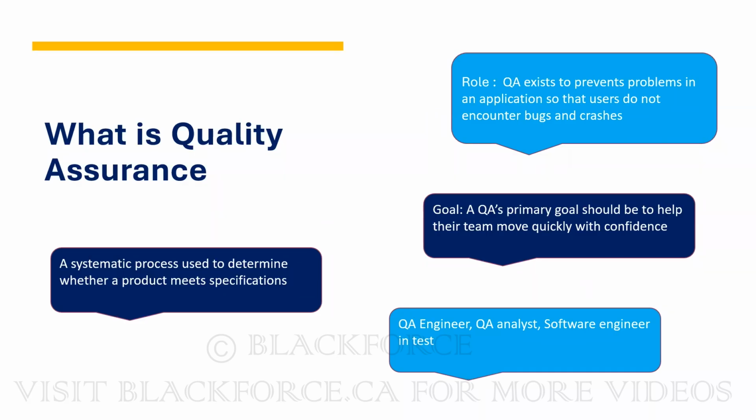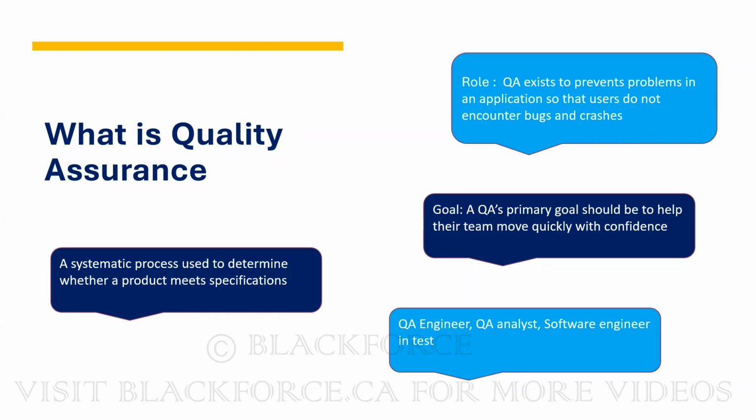When we say quality assurance, we're talking about a systemic process used to determine when a product meets specification, right? For example, you're trying to implement Salesforce. The business is going to give you specifications, they're going to give you requirements of what they want.